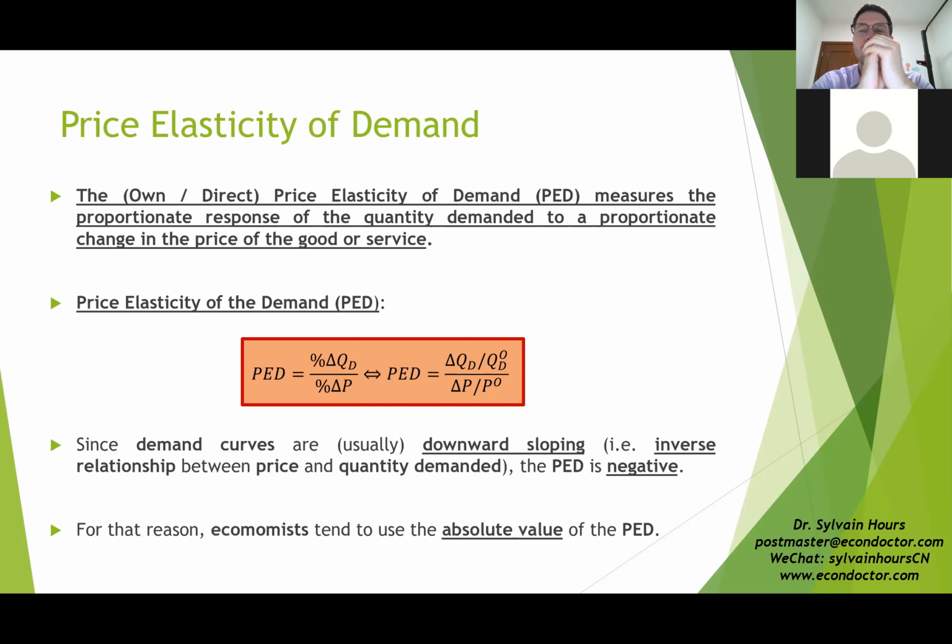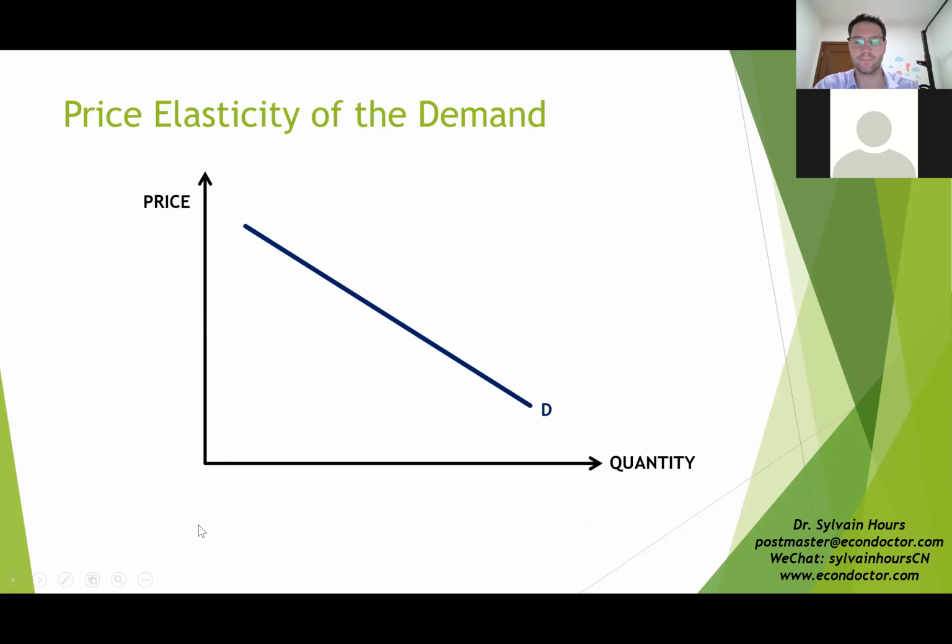Instead of saying the PED is equal to -2, they directly say the PED is equal to 2. This is not a mistake. It's like a shortcut, because we want to get rid of this negative sign. So we just assume that we are working with the absolute value of the PED.